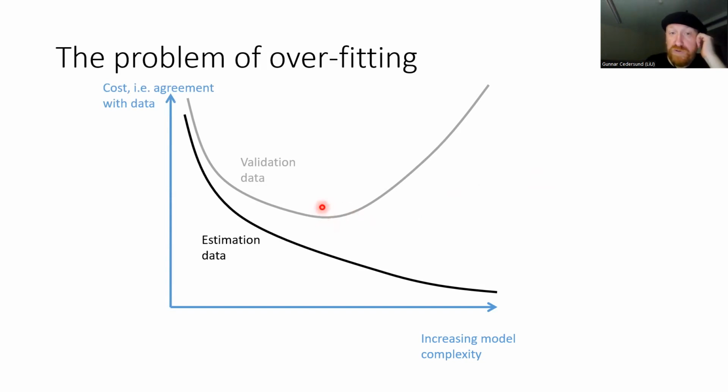So this is typically the sweet spot that you want to be at, where you are no longer getting better at predicting new data. You want to have the optimal prediction of validation data. This is the optimal model. And you can get to all of this if you save some data for the validation test. Okay, and over here we have the overfitted model.